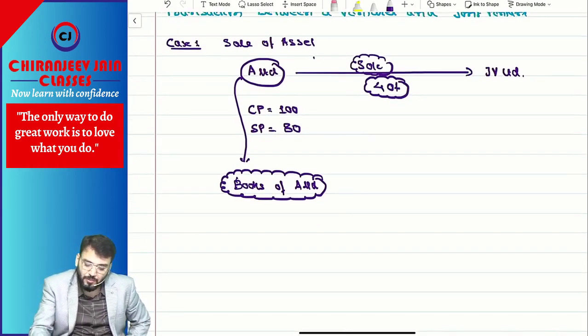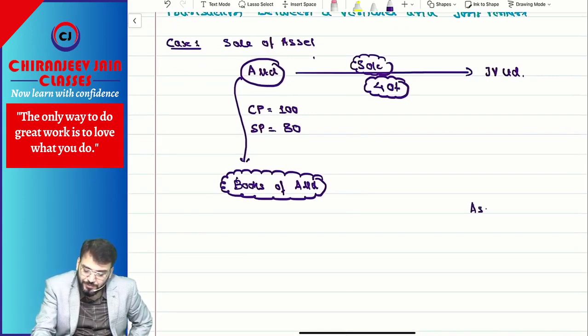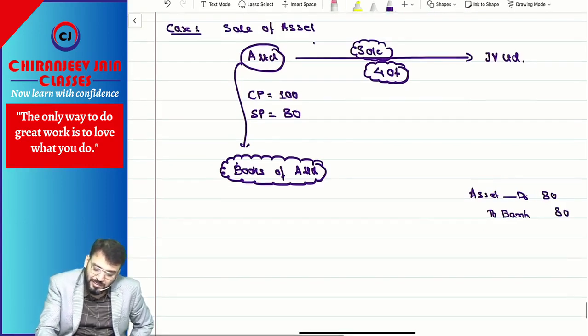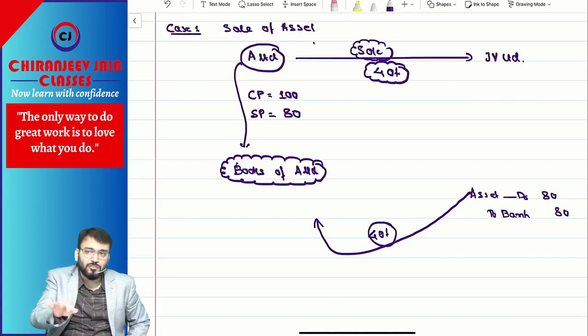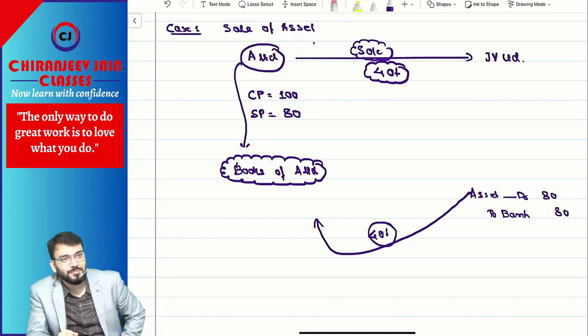JV Limited will pass one journal entry, asset account debit to bank. They have purchased now. It will come 80. And from this, 40% of this asset will come in the books of A Limited or not? Means actually A Limited has sold only 60%.